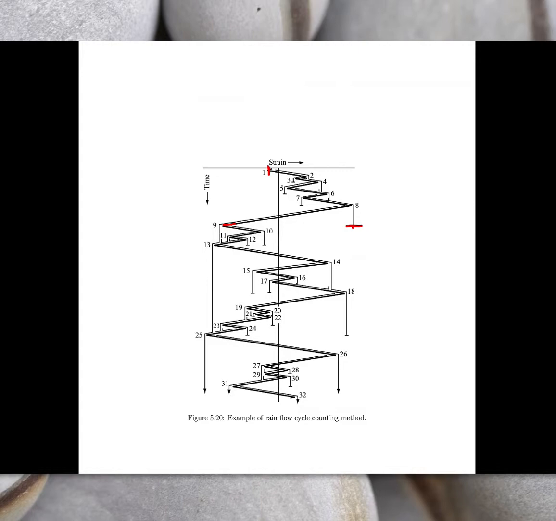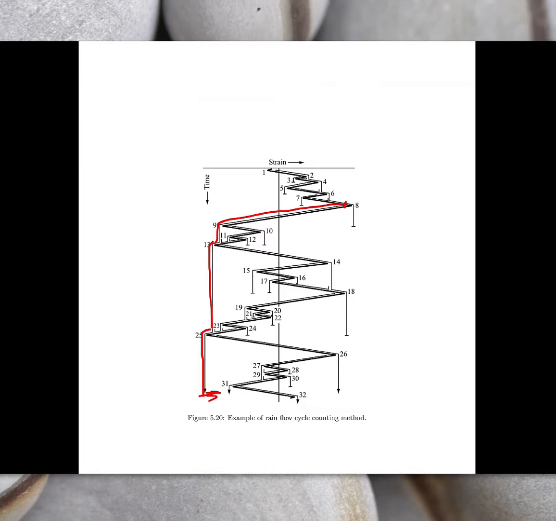Rule number 2. You can also start from a peak like this one, and then you run the rain on top of all of the roofs until you stop at another peak that is higher than the first one. Of course, here we didn't have any higher, then we stop at the end.